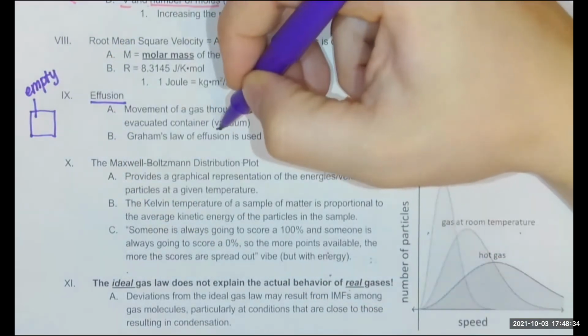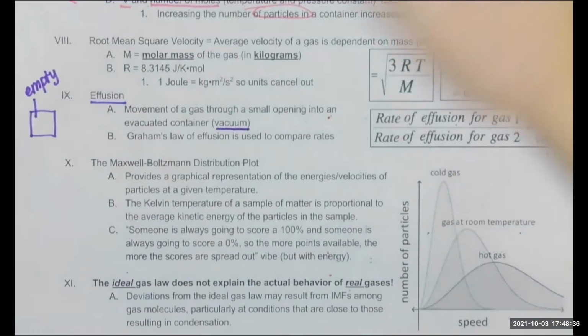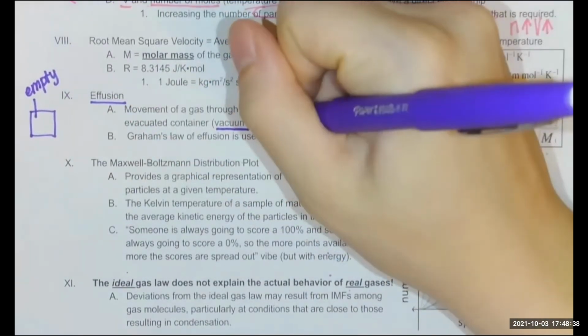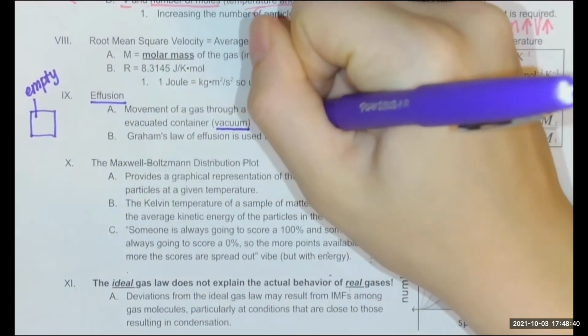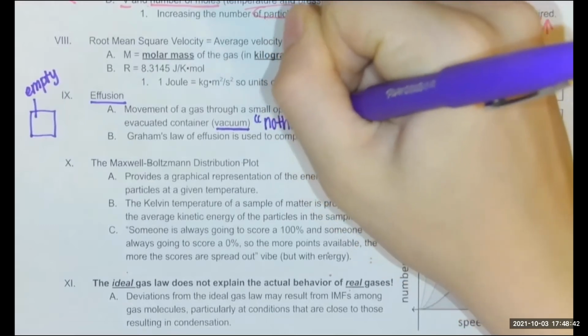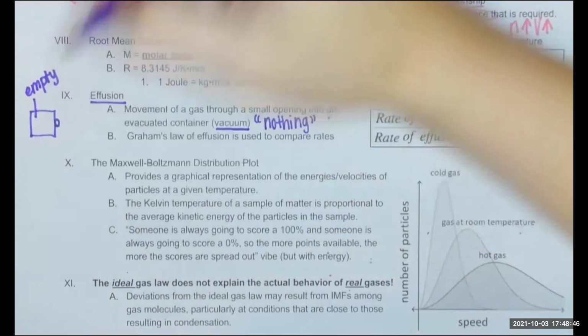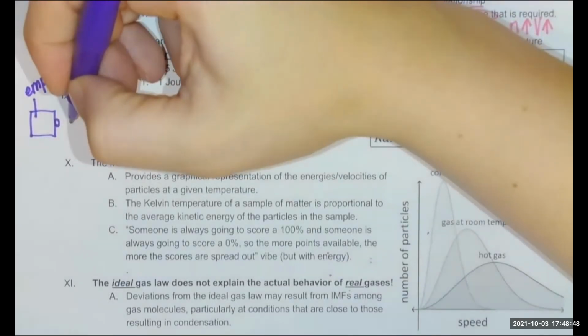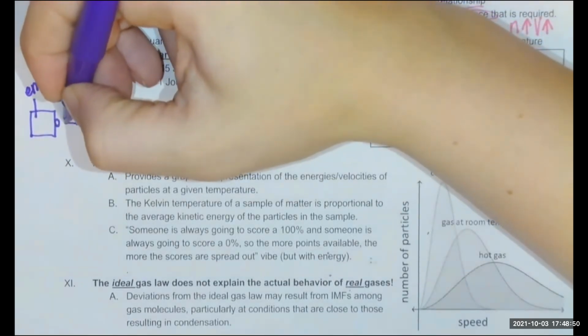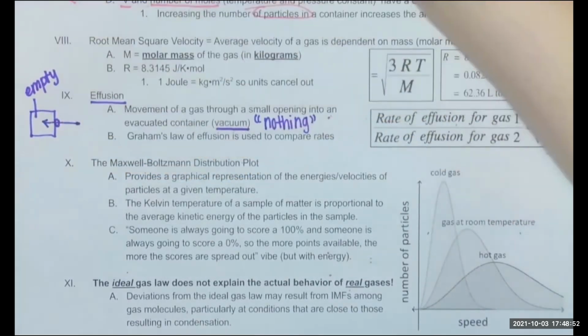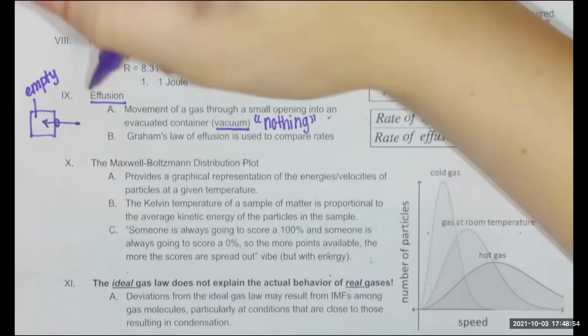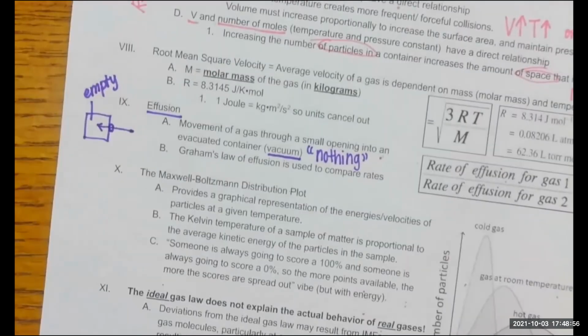It's not necessarily sucking like a vacuum cleaner. It's just a vacuum like outer space that has nothing in it. Not even air, just literal nothing. And then it has a little hole. And what we're doing is we're watching how fast the gas particles go into this empty box. That's effusion.